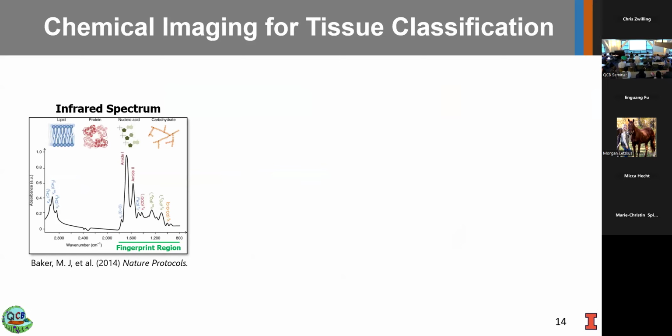Shown here is the typical infrared absorbance spectrum of a biological tissue, showing 4 characteristic molecules typically seen and their absorption bands in what's called the fingerprint region. As you can see here, each molecule absorbs light at discrete infrared wavelengths, resulting in a unique chemical fingerprint.